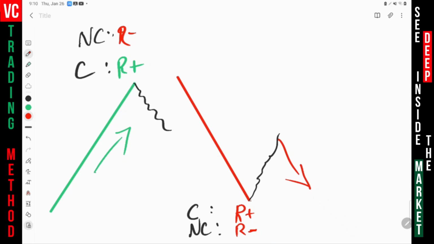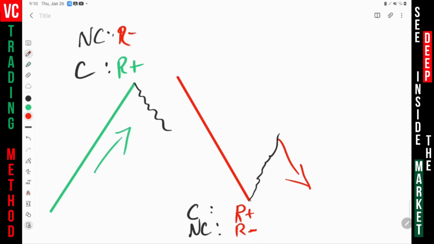Price can still move according to your analysis, but there is less chance of it doing so. There are fewer chances that the price will move as you are trying to predict based on this analysis.